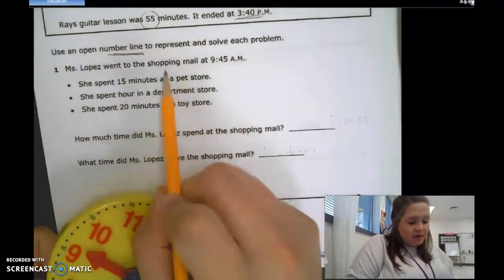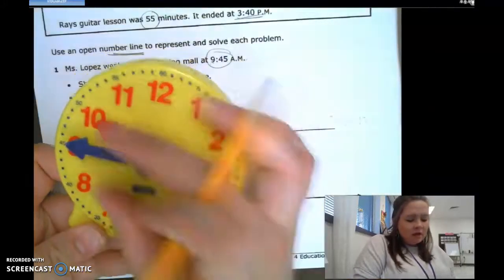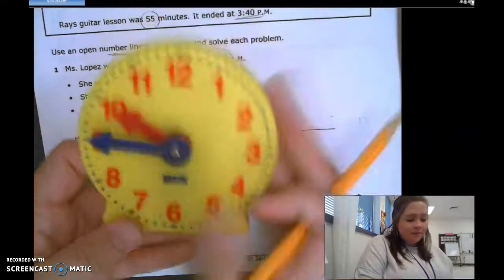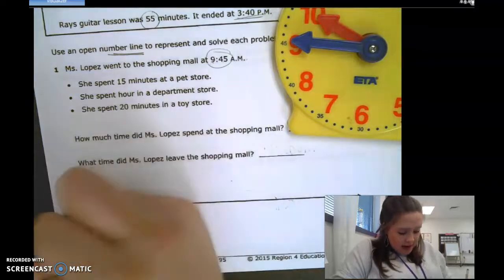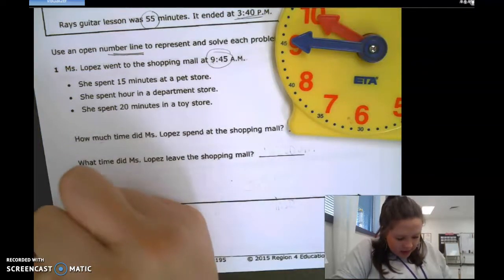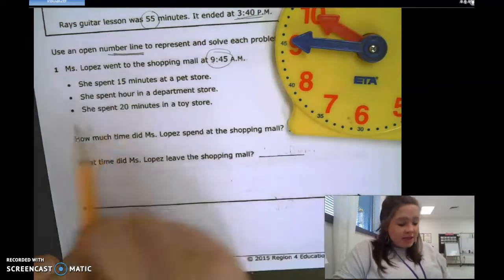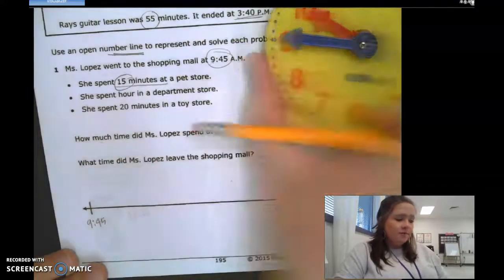So she went to the shopping mall at 9:45 a.m. So I'm going to put my clock on 9:45, all right? But I'm also going to start my number line at 9:45, okay? She spent 15 minutes at a pet store.